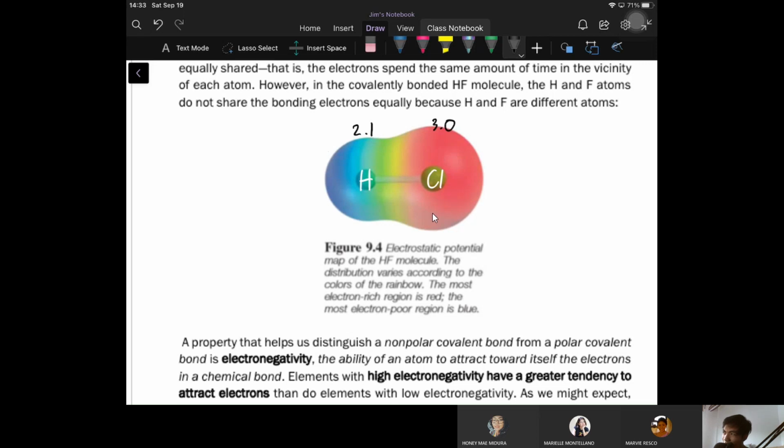That's why looking at this map, this picture, yung red part meaning nun, dun maraming electron. Yung blue part meaning nun, walang electron masyado doon. So ano nangyayari? Bakit red yung kay chlorine? Because si chlorine ay more electronegative than the hydrogen. Mas malaki yung kanyang electronegativity compared to hydrogen.